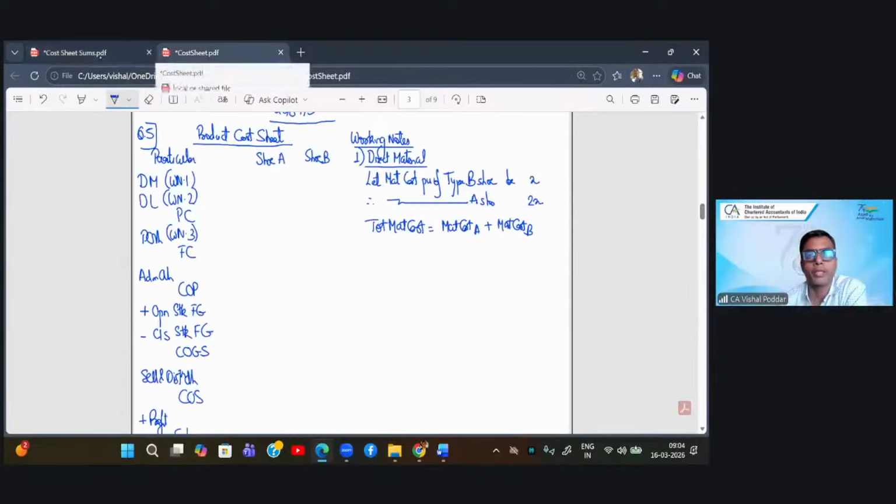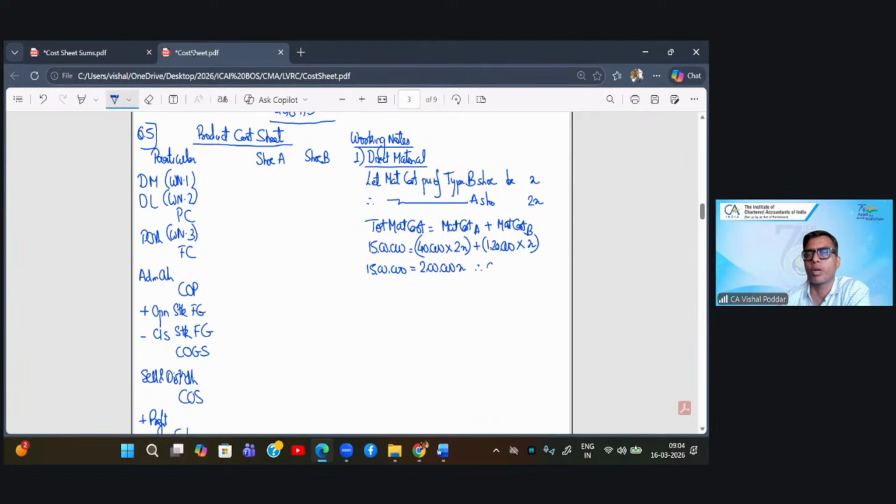So it is 15 lakhs equal to 40,000, the units of A, into per unit 2x, plus 1,20,000, the units of B, into x. Now this is 80,000x, this is 1,20,000x, so the total becomes 2 lakh x. So 15 lakhs by 2 lakhs, therefore x is equal to rupees 7.5. And what is this?